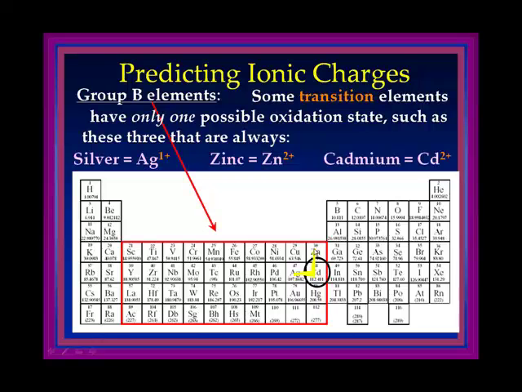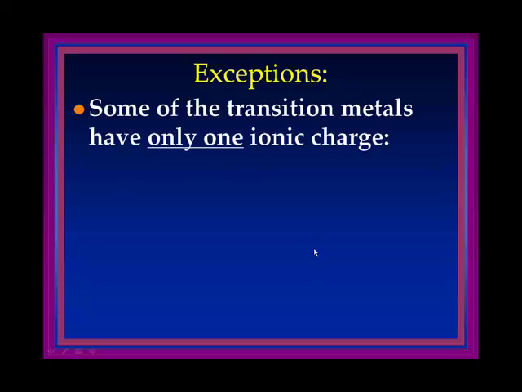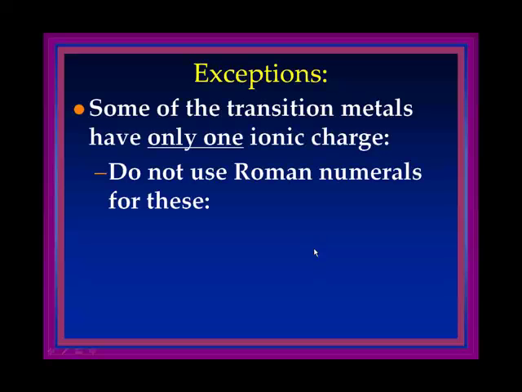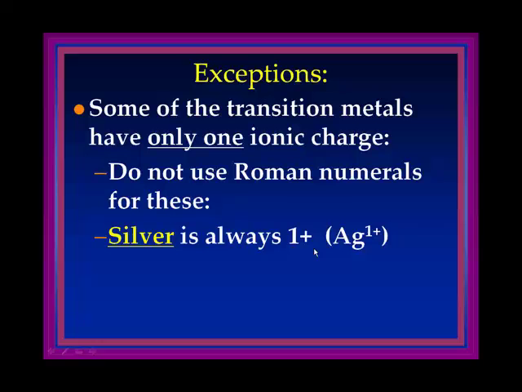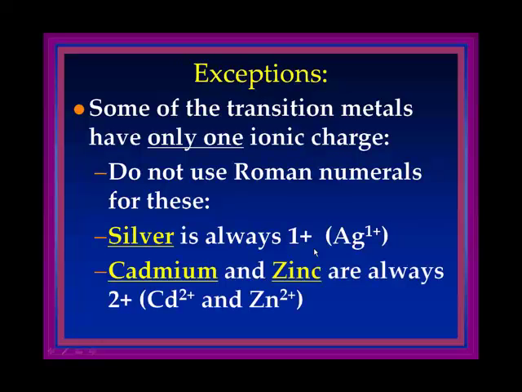You might want to mark those on your periodic table so you know that. So this is the same thing again. Some of the transition metals only have one ionic charge. Silver is always a +1. Cadmium and zinc are always a +2. You would not use a Roman numeral. Is it wrong to use a Roman numeral on those? Yes, it is.